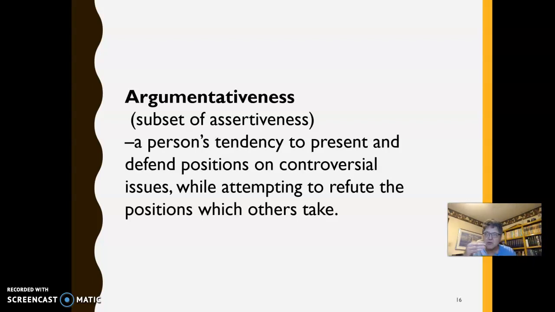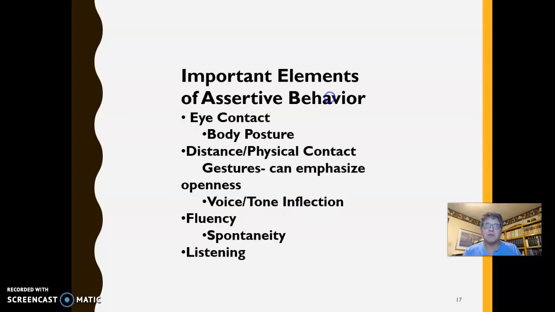So these are the three communication styles, and as you can see, argumentativeness really fits under that idea of assertiveness, because it's being able to once again express oneself honestly and comfortably without relinquishing one's rights, but also while respecting the rights of others.